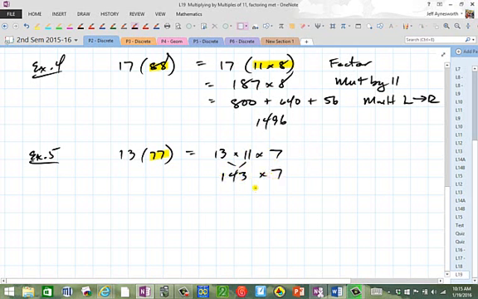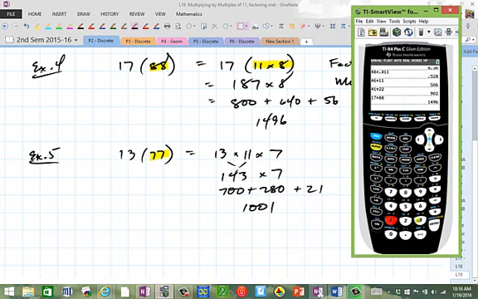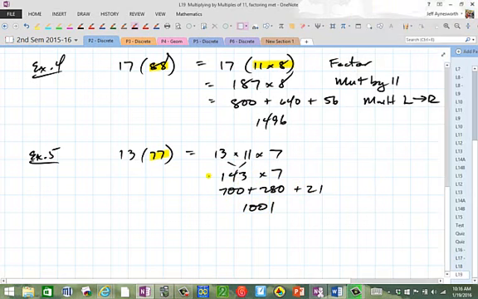There's your 11 trick. And then you work from left to right. 7 times 100 is 700. 7 times 40 is 280. So I already got 980, plus the 21. So 900 plus 100 is 1,000, and it ends with a 1. So I should get 1,001. Let's verify. 13 times 77 is 1,001. There we go.